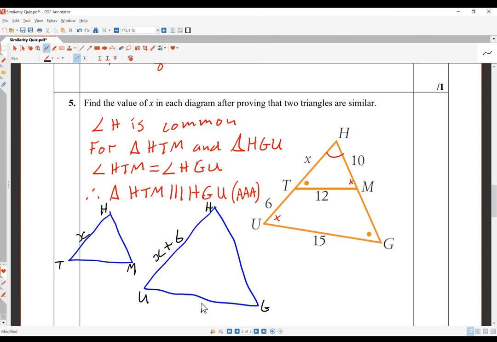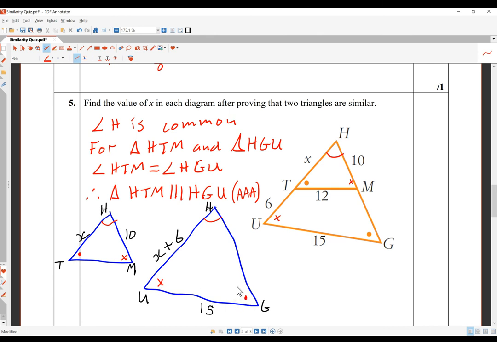Okay, then we have 15 on the big triangle, then 10 on that triangle there, and then we'll mark the angles. So in the little triangle, we've got a dot, an X, and an arc. And in the big triangle, we have the arc here, cross here, and the dot here.